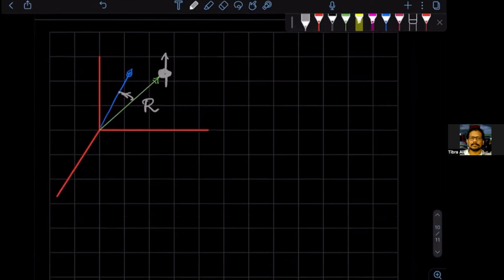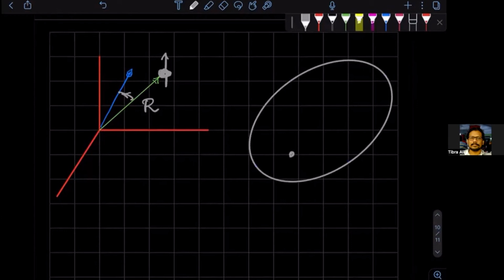Correspondingly, the particle's state is given by some point on a Hilbert space. So this is your Hilbert space, meaning the space of states. And suppose this is the state vector psi.